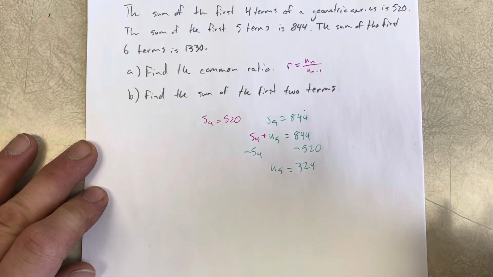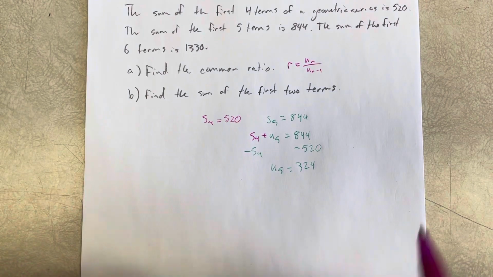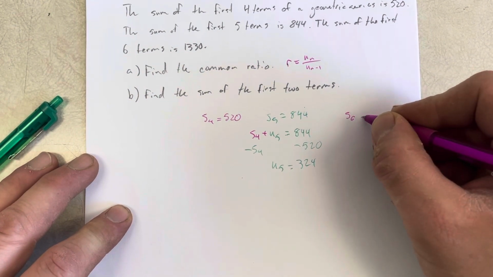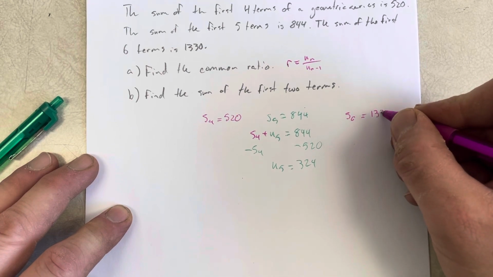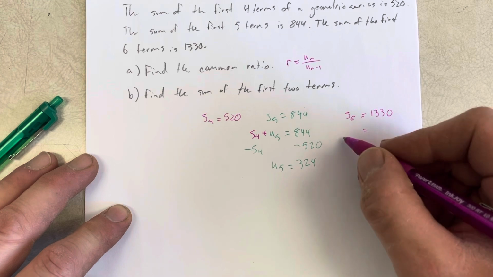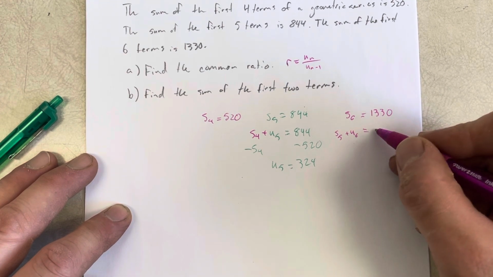324. And in the same way, I can determine U6 because I know S5 is equal to 844 and S6 is equal to 1330. Well, S6 is also S5 plus U6.